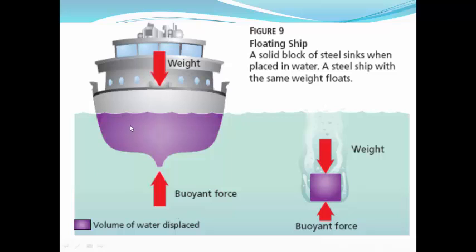So the reason that this boat floats is because it has a certain weight, but that weight is spread out over a larger volume, and so it has less density than the density of water. Whereas here, the block is compact, and it has a greater density than water because it has the same amount of mass, but it has a smaller volume.